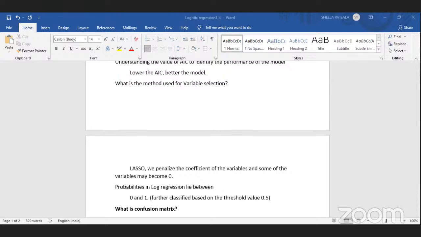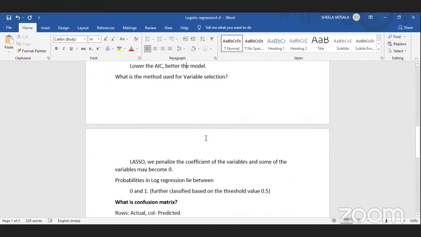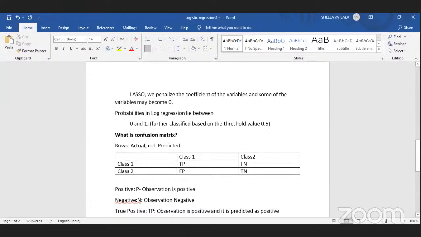Next question. We discussed variable selection. In logistic regression, we have to identify which variables are significant in predicting the model. One of the ways of doing it is lasso. This is a regularization parameter which penalizes the coefficients.